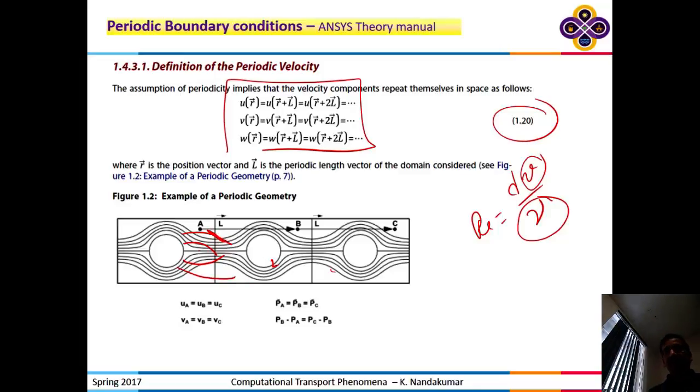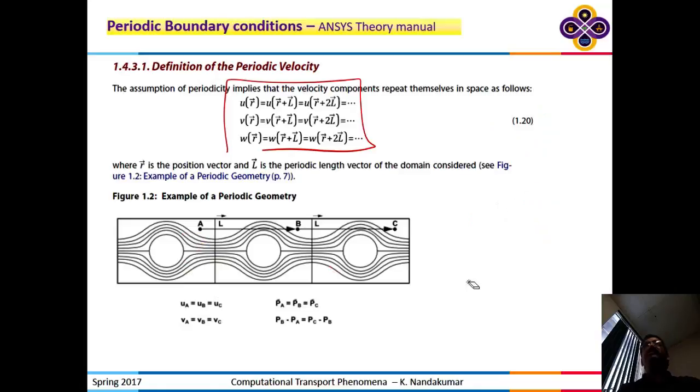So it's a very powerful condition for abstracting a simple unit cell from more complicated repeating units. For packed beds, these kinds of models are used. For example, I don't know whether you have seen it in the transport course, the so-called cell model. You take a single particle and build a cell around that, and then you treat your packed bed as a collection of these cells organized in some way.